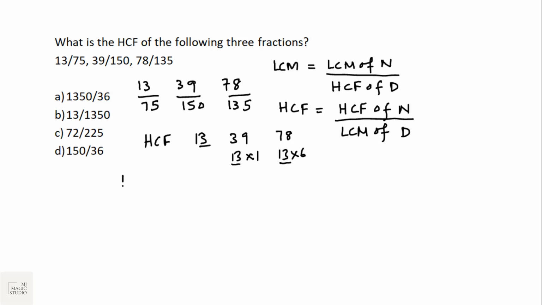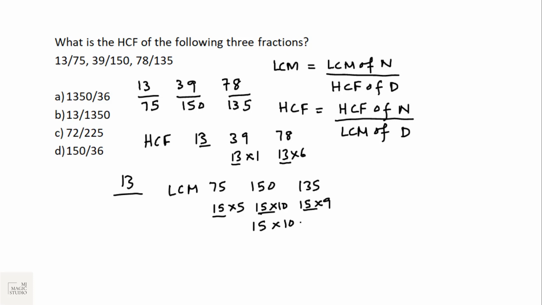So HCF is 13 divided by LCM of 75, 150 and 135. 15 into 9, 15 into 10, and this is 15 into 5. So common 15 and then 10 and then 9. 1350 is the LCM. So HCF of the given fractions is 13 divided by 1350.